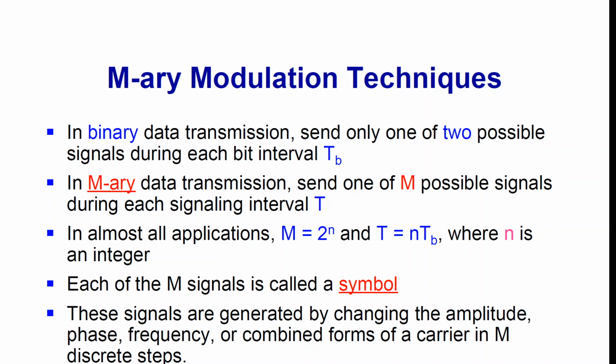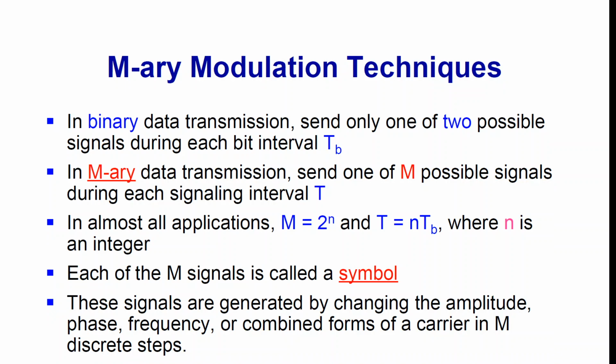So each of these M signals is called a symbol, and extending from the binary modulation schemes, these signals are generated by changing the amplitude, phase, frequency or combined forms of a carrier in capital M discrete steps. So for binary, M was 2, and here we will have more than 2 symbols.